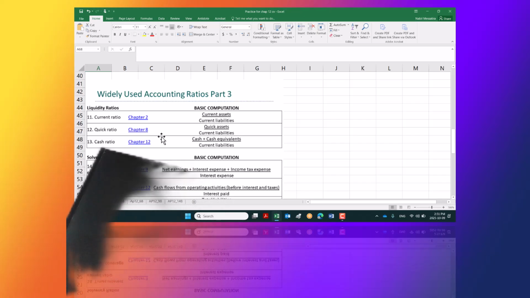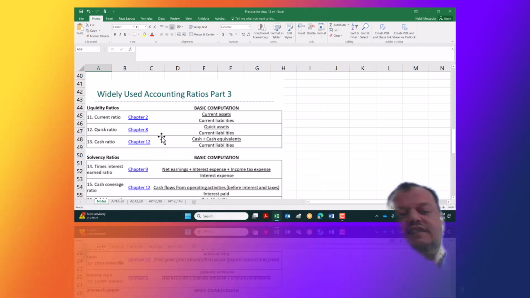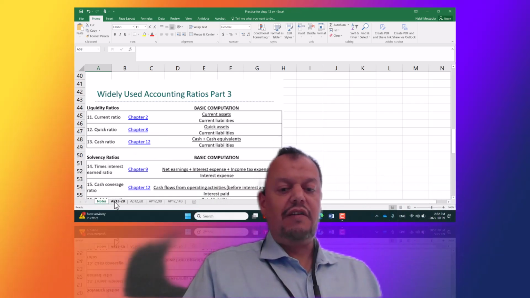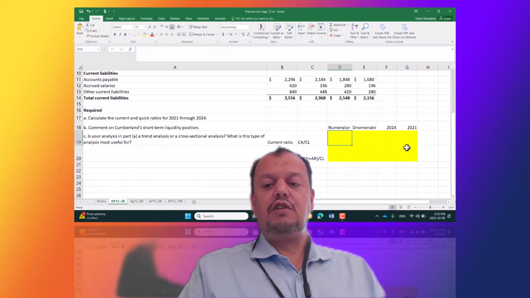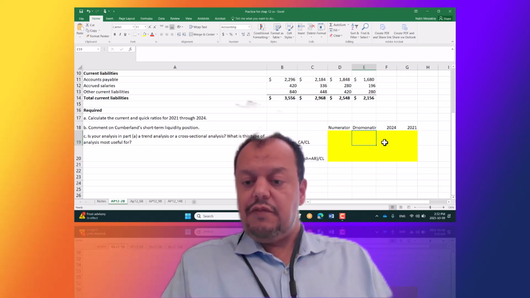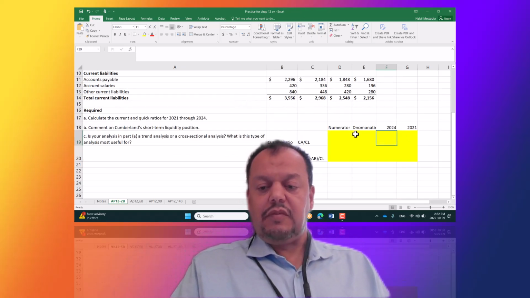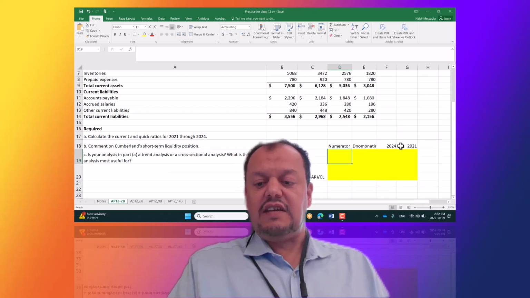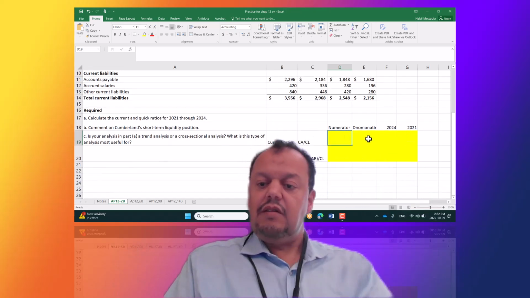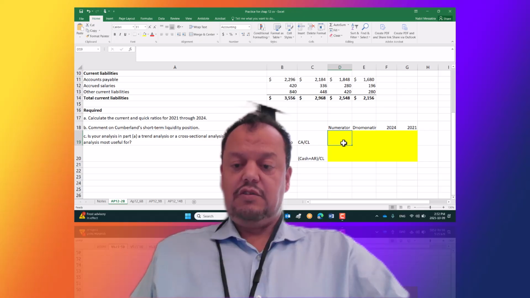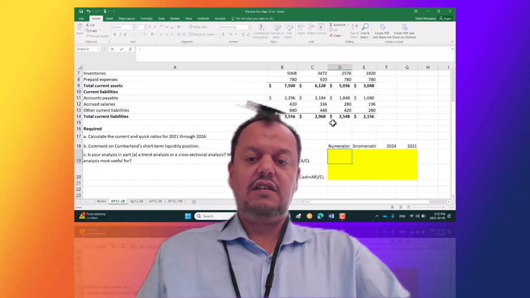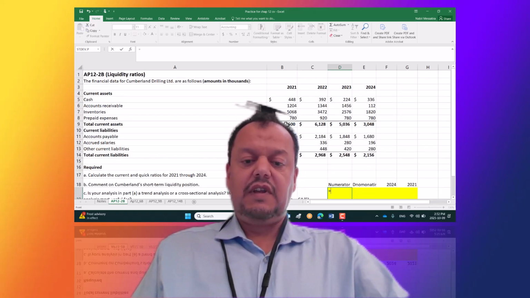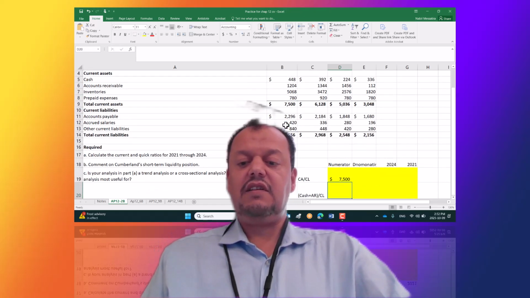What is the current ratio? Current asset divided by current liability. Just apply it as it is for every year. Let's do it for 21 and 24, for example. Numerator, current asset for 2021: 7,500.